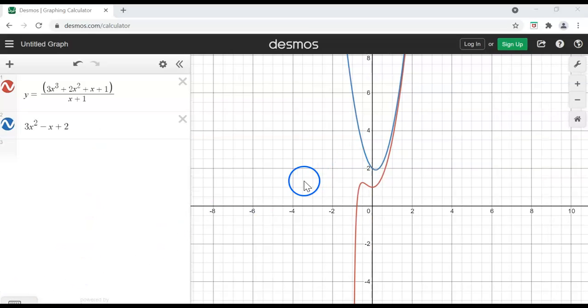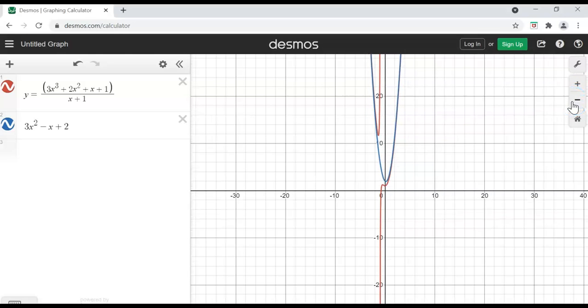Now looking at this thing, it looks like I made a mistake. Well, on this side it seems okay, because as x tends towards positive infinity, it looks like it's getting closer. But as x tends towards negative infinity, what's going on? It seems to be varying drastically. But luckily, if we zoom out a bit further, we see there's more to this function.